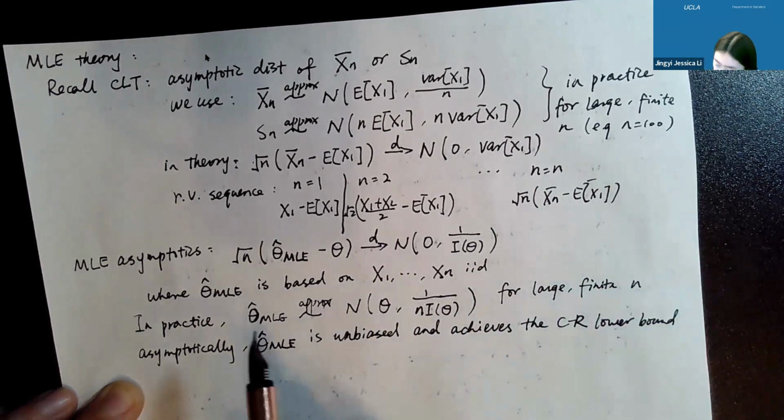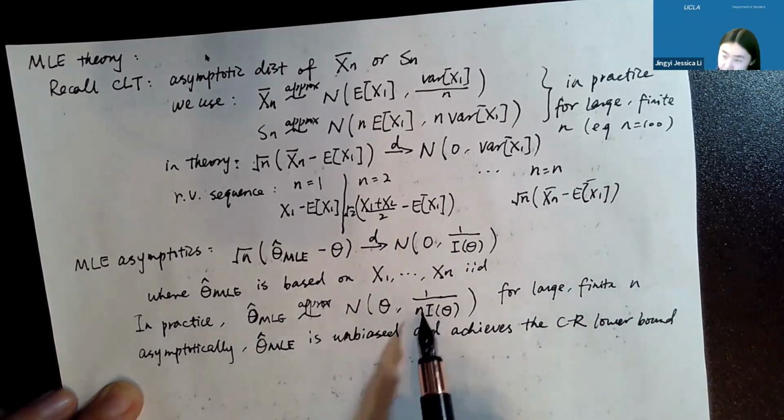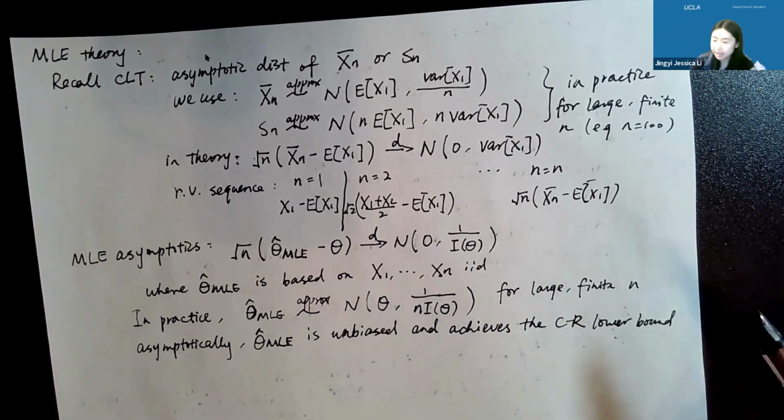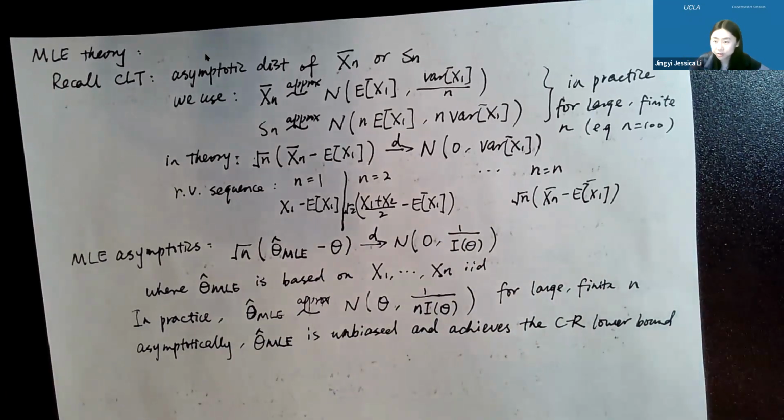You see its asymptotic variance is just 1 over n times the Fisher information, and that's exactly the Cramer-Rao lower bound, the minimum possible variance that an unbiased estimator can hopefully achieve. So it achieves that. Realizing these two things gives you a very good impression of the MLE: it's a really nice estimator when you have a large sample size.